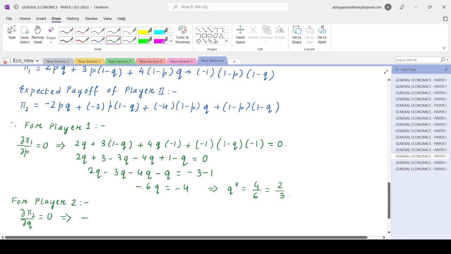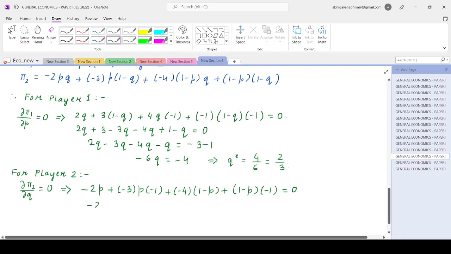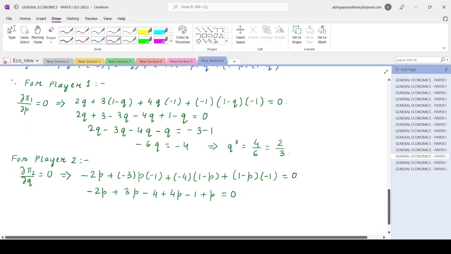It will be minus 2p plus minus 3 into p into minus 1 plus minus 4 into 1 minus p plus 1 minus p into minus 1, and set it equal to 0. So minus 2p plus 3p minus 4 plus 4p minus 1 plus p is equal to 0.